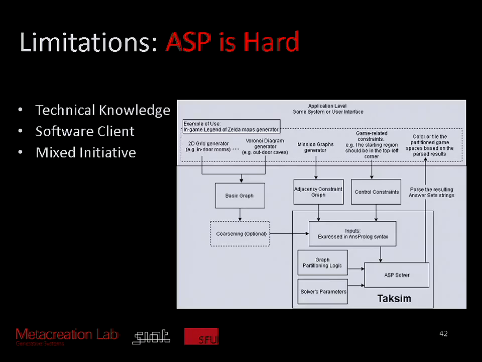Currently we have a Java client that takes constraints written in code and translates them into answer set programming statements. But eventually we can have a mixed-initiative interface where the constraints are expressed in a visual and interactive way, and that is then translated into statements.